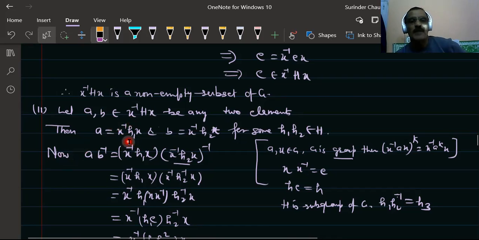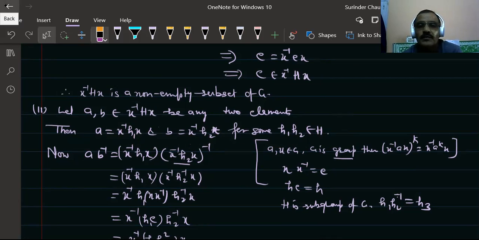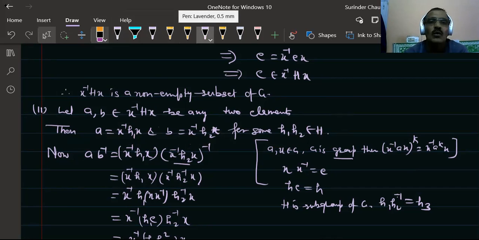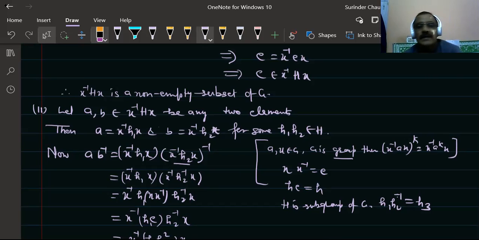Let a be of the type x inverse h1 x and b be of the type x inverse h2 x for some h1 and h2 belonging to H. Now our aim is to show ab inverse belongs to x inverse Hx.